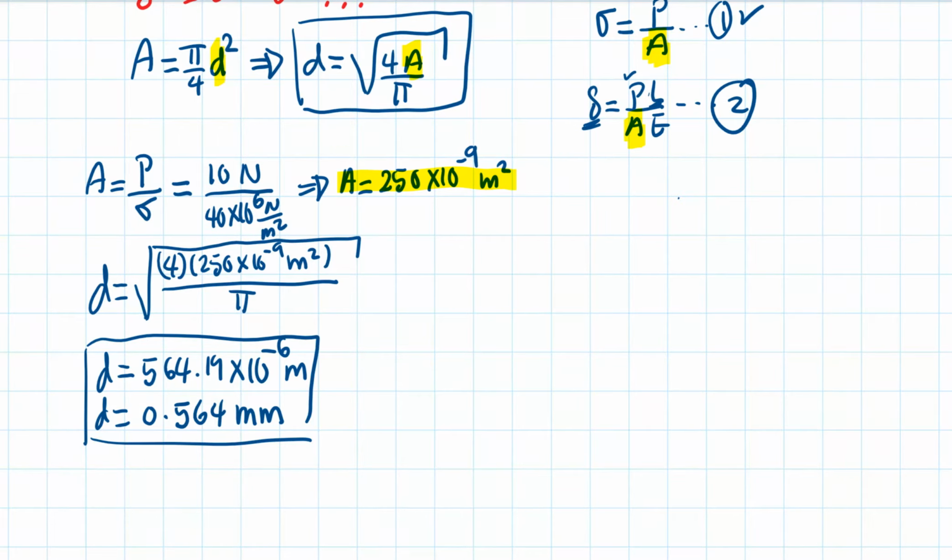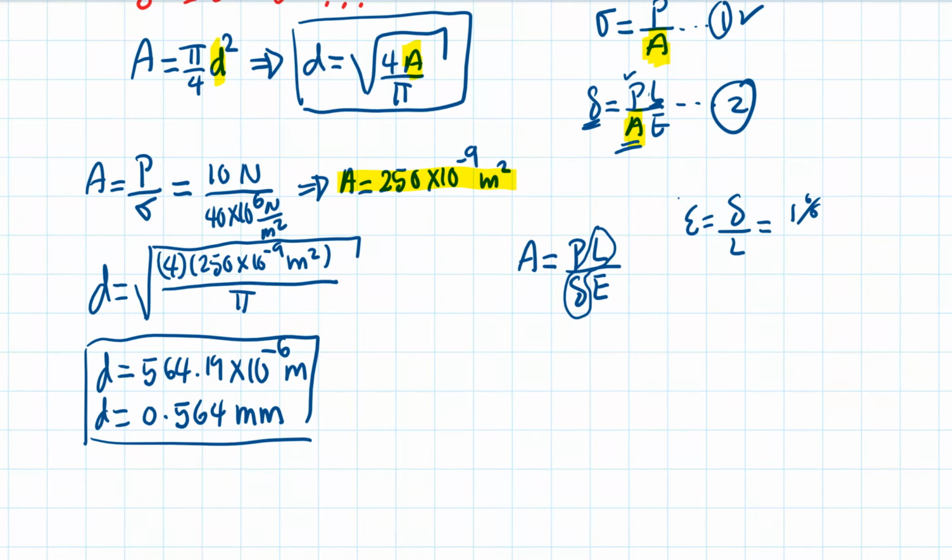Next, we can use the second equation, which is the elongation equation, and we can solve for A, and that will give us PL over the deformation times E. Now remember, in here we have L over deformation, which is the reciprocal of the strain, because strain is the deformation over L. Now what we said is 1%.